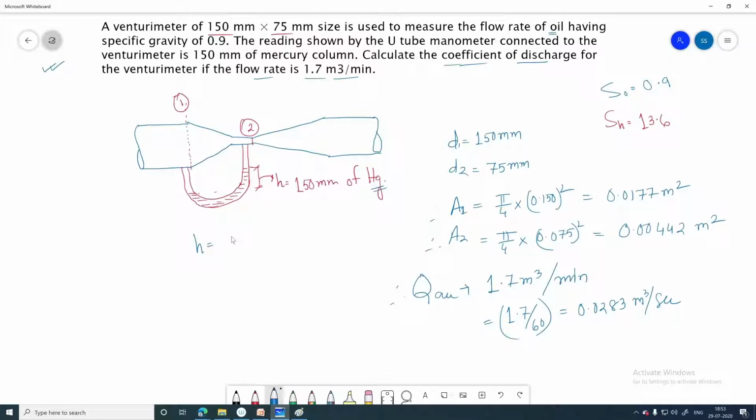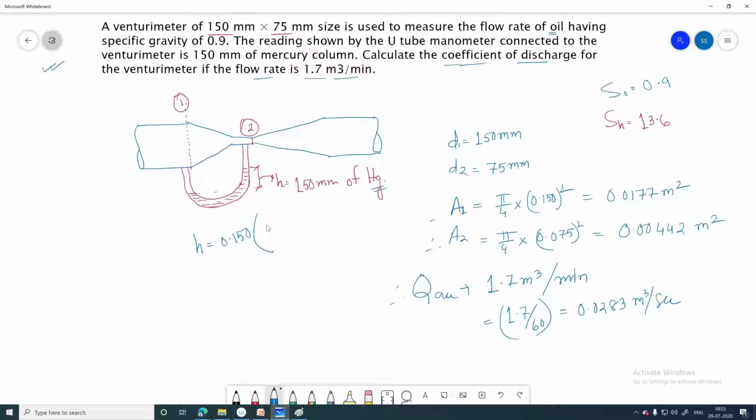H will be the value 150 given here, with respect to the Hg, converted into meter, 0.150 into SH by SO minus 1.